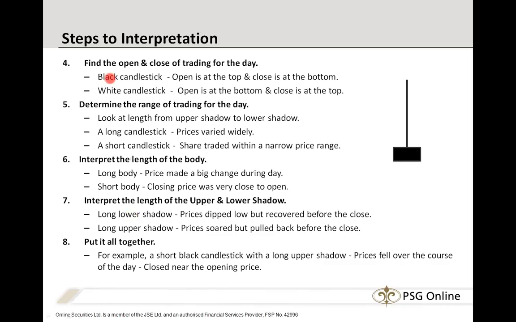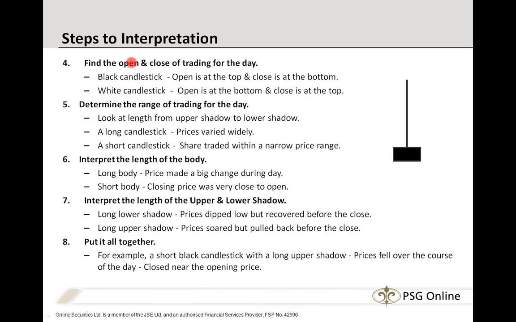And then on step 4, I try to anticipate where was the opening, where was the close each day, and then also the range within that day, the length of the body, obviously the volatility. The length of the body is important to me too. It shows me the interest. The length of the shadow tells me the volatility.